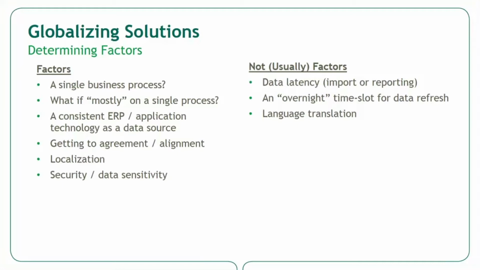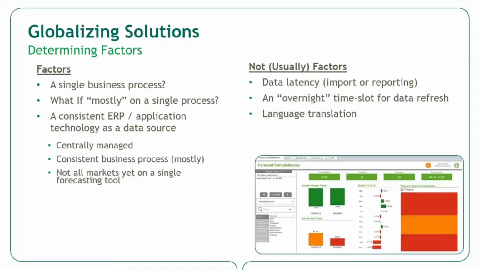And finally, language translation can usually be handled during development of QlikView applications. Translation of report text and labels is relatively simple. Translation of the actual data in the report is a bit more development intensive, but it can be achieved as well. So these are the factors that we've seen most often play into the globalization decision.